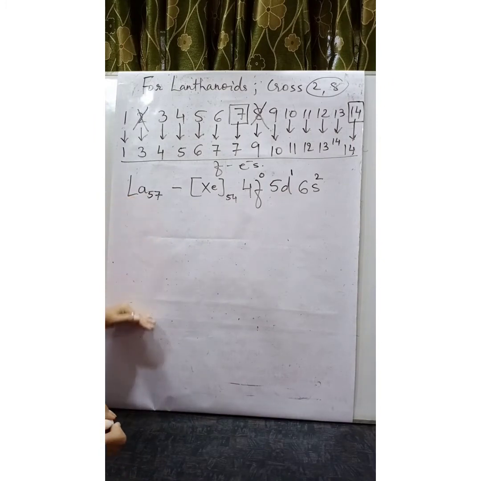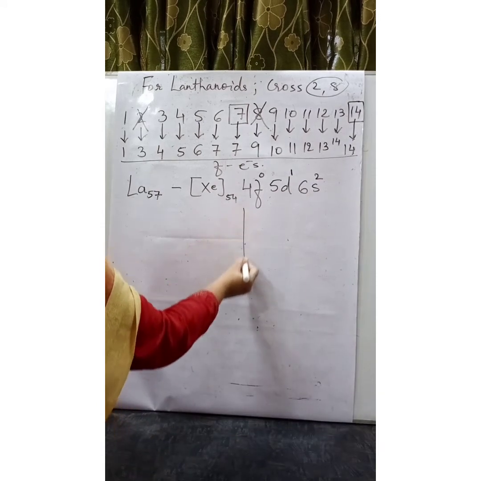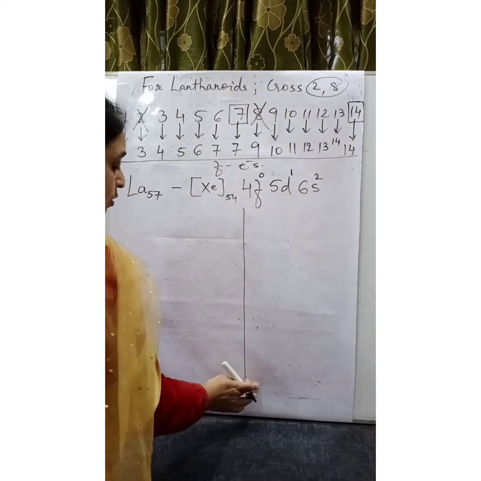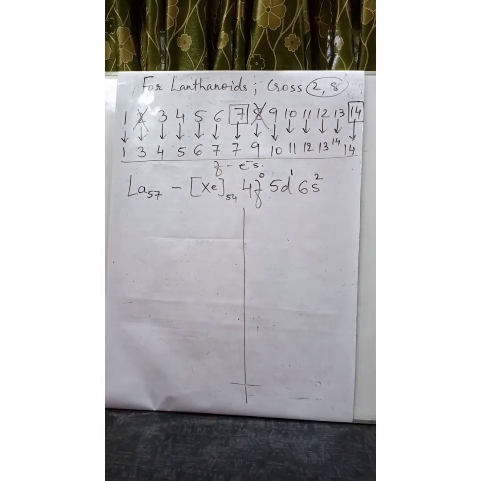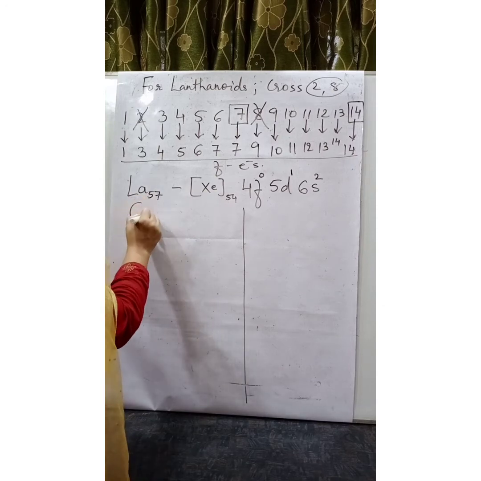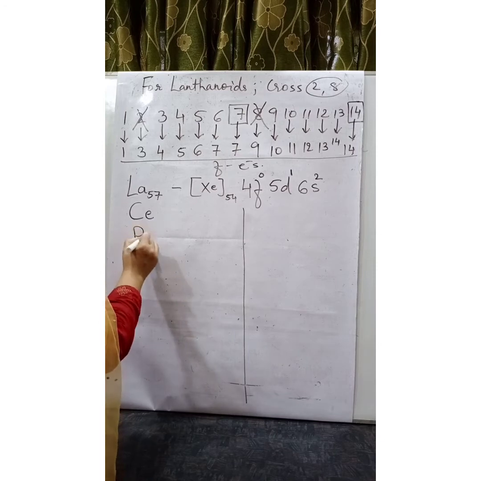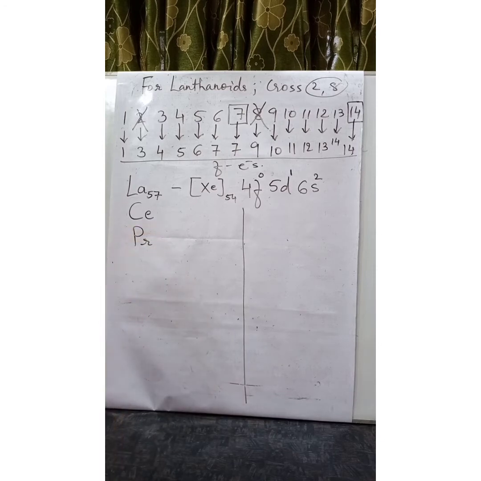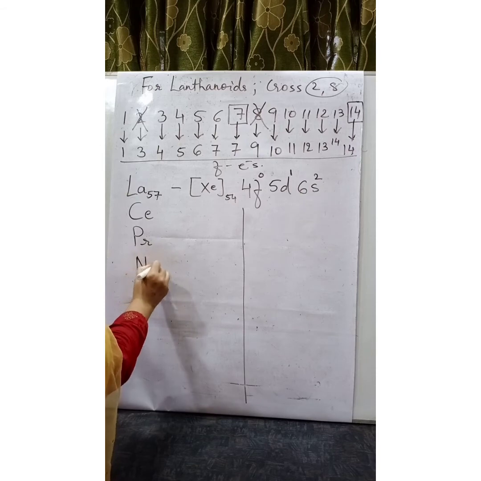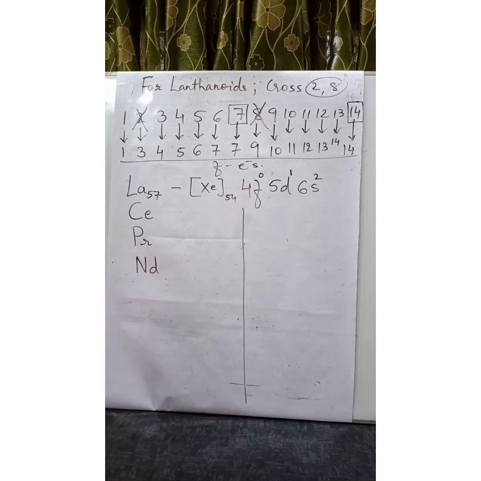Now for the rest of the members we have to work out certain phrases. I'll draw a line in between so that I can put down all the elements. The first phrase says: "Cerium par nazar do PM." Cerium, Pr, Nd, Pm.